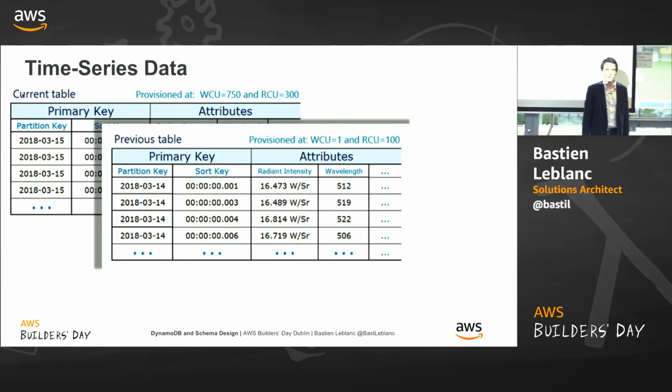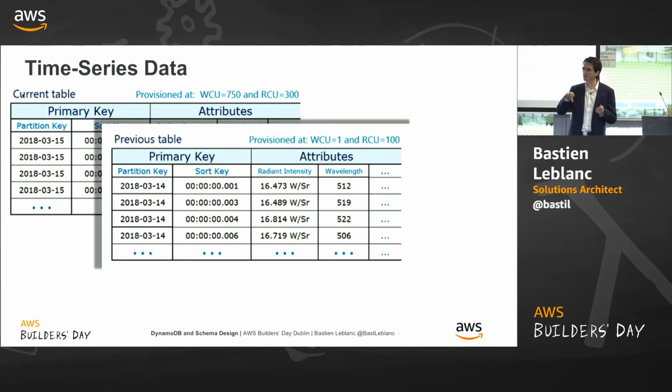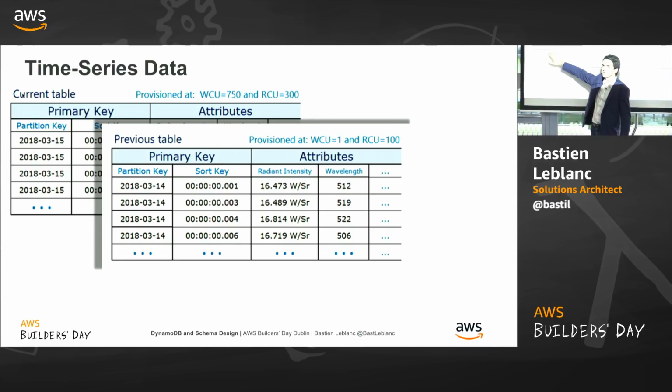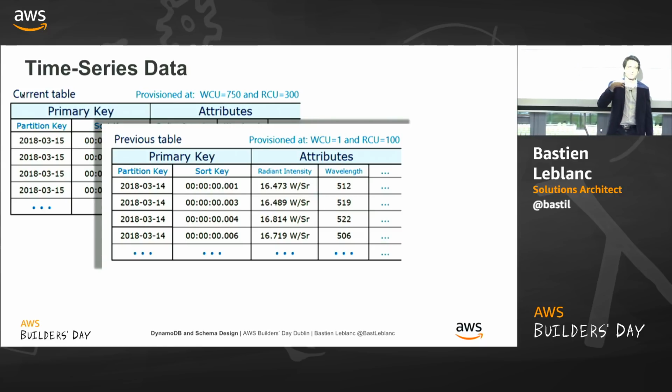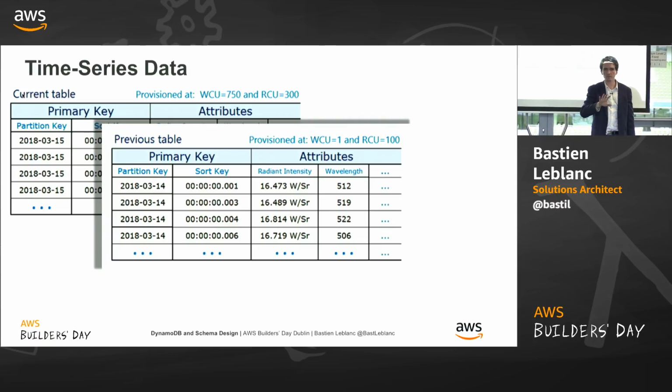Probably the best way to do that is to use TTLs. When you create a table, you can assign a TTL, a time to live, for every item to say, well, in this table, I will expire after 1 day. So we will take care of deleting this item after 1 day. Okay, so we solved the delete problem.